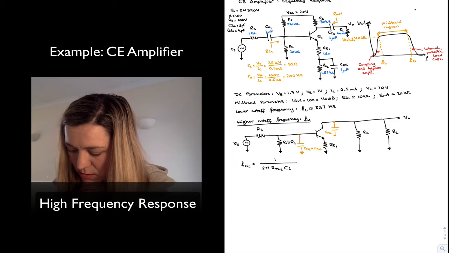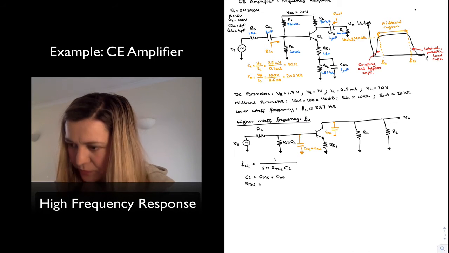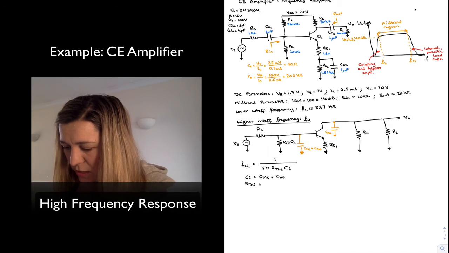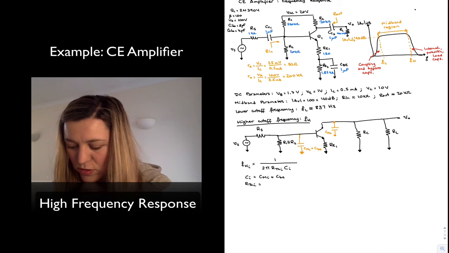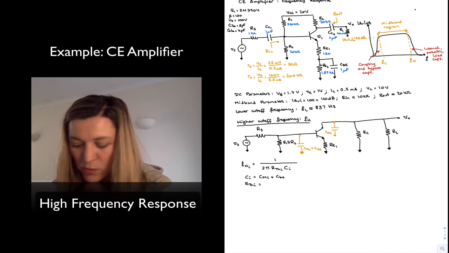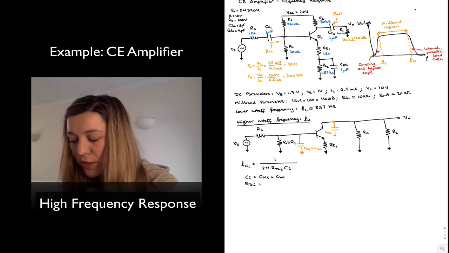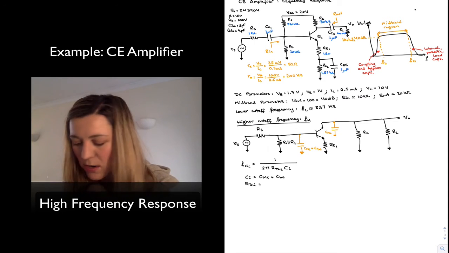So C in this case is C Miller input plus CBE, and R Thevenin input is going to be whatever is connected to the capacitance, which will be RS. Again, we're going to short through VS, and so that will be RS to ground in parallel with R1, in parallel with R2, in parallel with little re plus RE1.